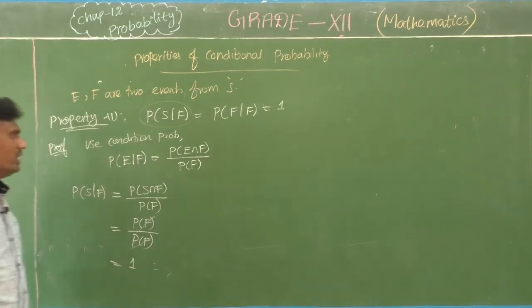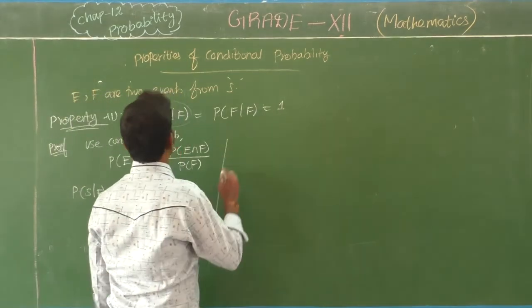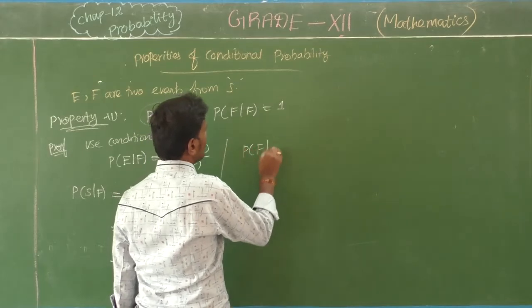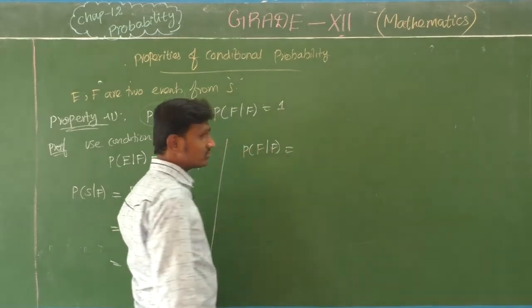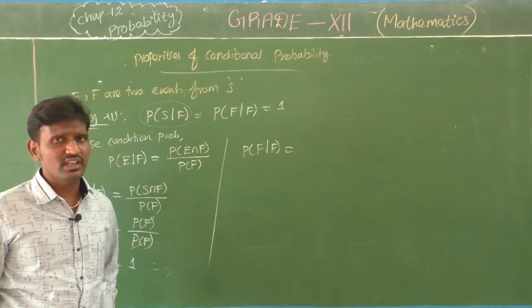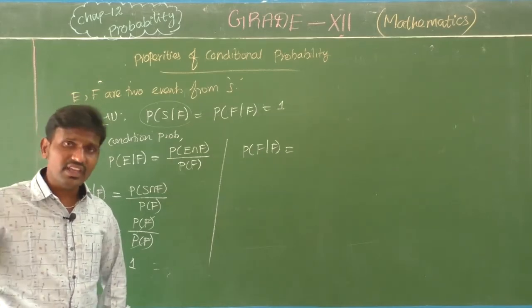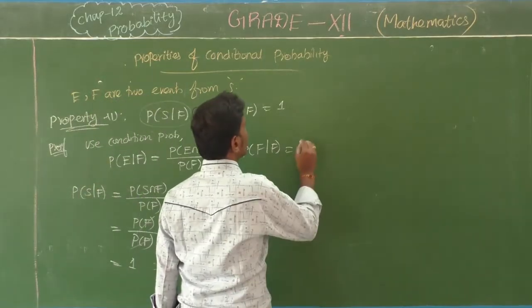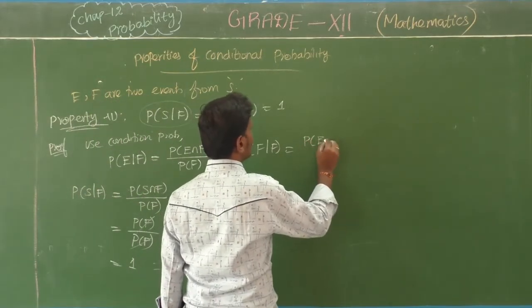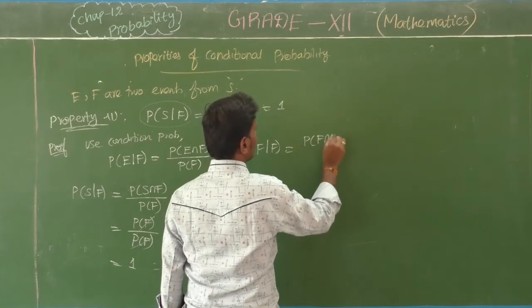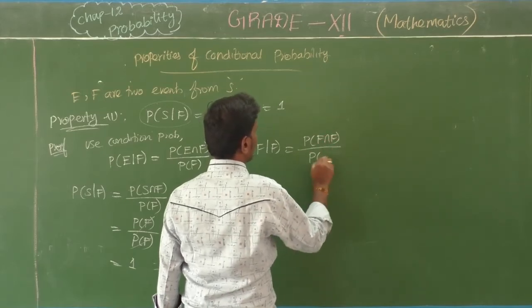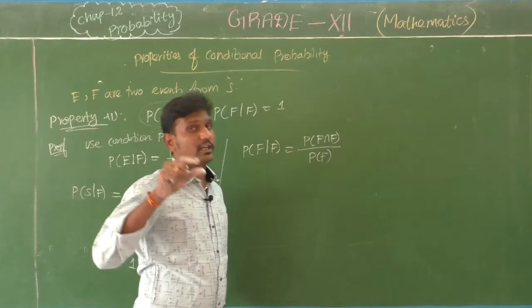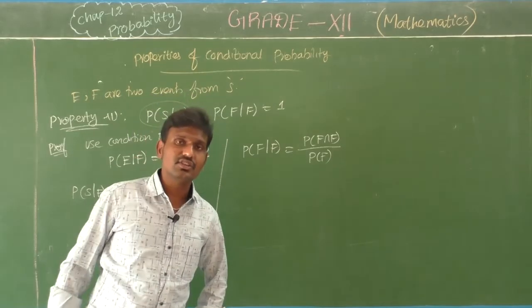Okay, and the second also I am going to take, that is P of F by F, the same events. ரெண்டுமே சேம் ஈவெண்ட். அதாவது P of F by F இருக்கலாம், P of E by E கூட இருக்கலாம், நத்திங் நாட் அ ப்ராப்ளம். ஓகே இப்போ P of F by F னா இட் இஸ் வெரி சிம்பிள், P of F intersection F whole divided by P of F. இப்போ நம்ம எடுத்துக்கிற ஒரு ஈவெண்ட் F, அதுலேயே இன்டர்செக்ஷன் மீன்ஸ் வாட் வில் கம்?